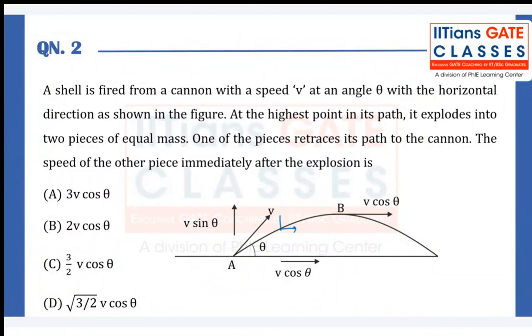If I draw the 2 components, they are like this, and at this particular point it is only in the horizontal direction. VB in the vertical direction is 0.